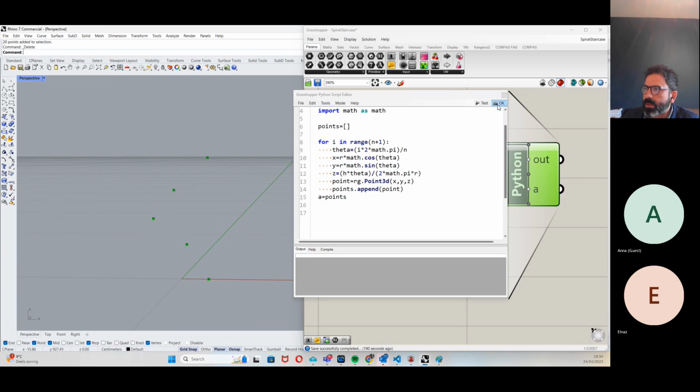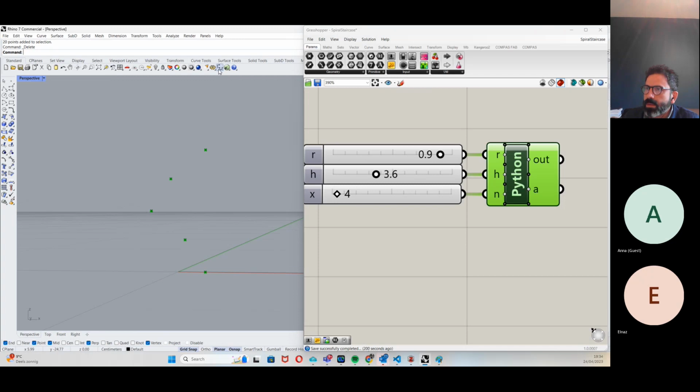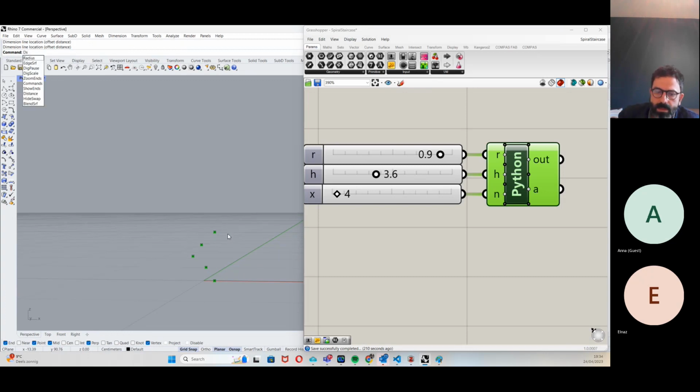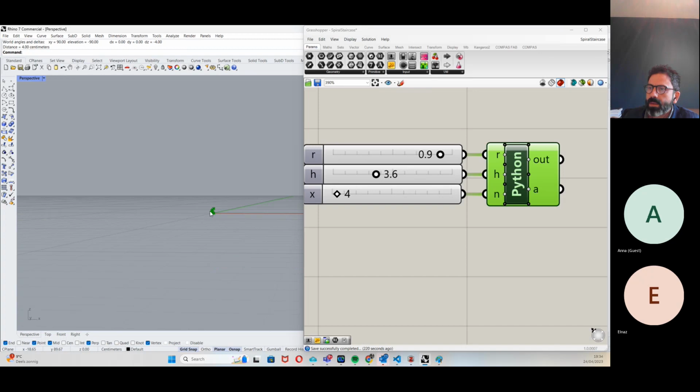And this one, what is this? Distance, let's measure distance. 4 meters. So we definitely have one extra.